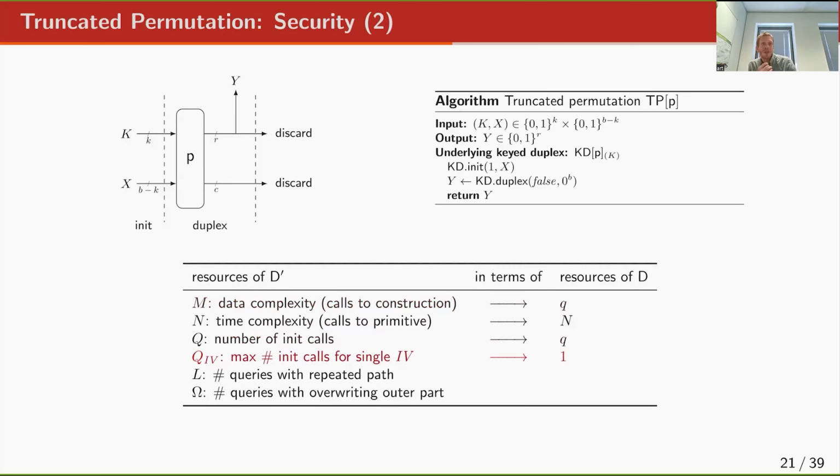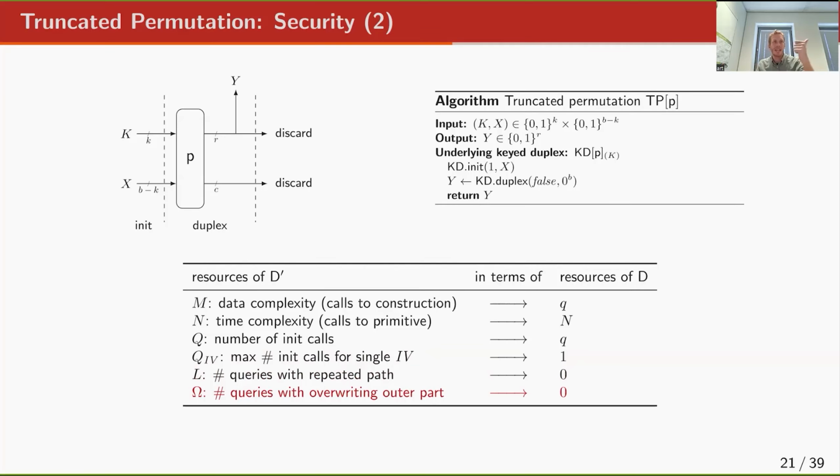QIV is 1 because we look at the single user setting. So every value, well, the IV in this picture is X, and every X occurs once. Also, every X is new, so you never have a repeated path. And for overwriting path, the flag is always false.